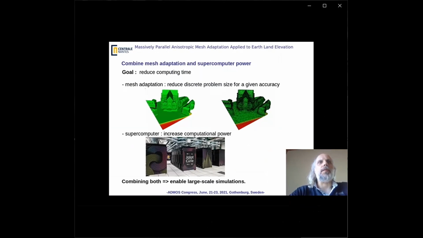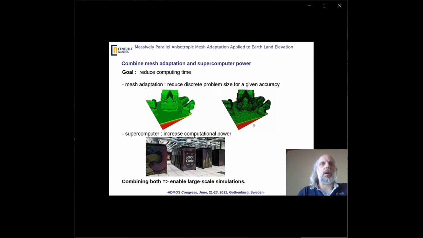So in this work I want to combine mesh adaptation and supercomputer power. The main goal is to reduce the computing time, first through mesh adaptation, to reduce the discrete problem size for a given accuracy. Here you can see in this picture we have some small elements where we have details, and bigger anisotropic elements quite far from the details.